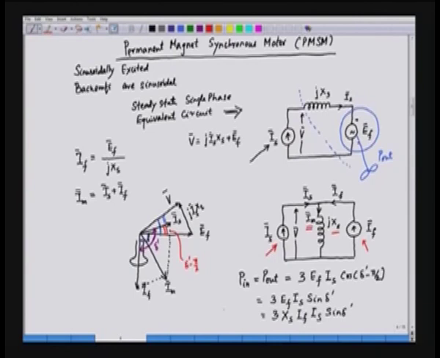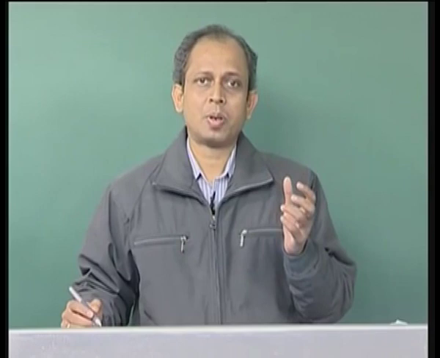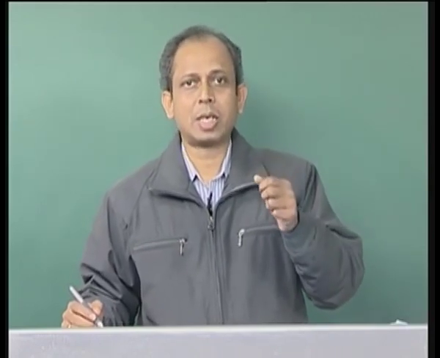Now, in the phasor diagram we see that the field is along the d axis, and the field induced EMF is along the q axis. We can say that the magnetizing current is the result of the field current and the stator current.